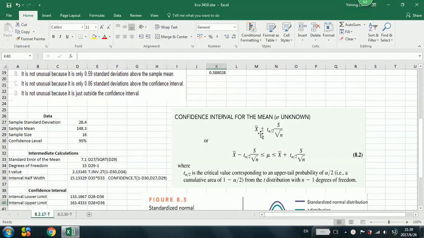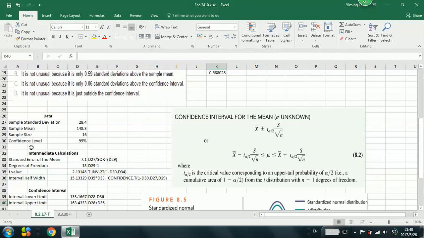And the equation we use here is x bar, which is the sample mean, plus or minus t half of alpha, where alpha is the significance level, multiplied by s, which is the sample standard deviation, divided by the square root of n, where n is the sample size. In order to get the lower limit and upper limit of the confidence interval, we need to use this inequality.